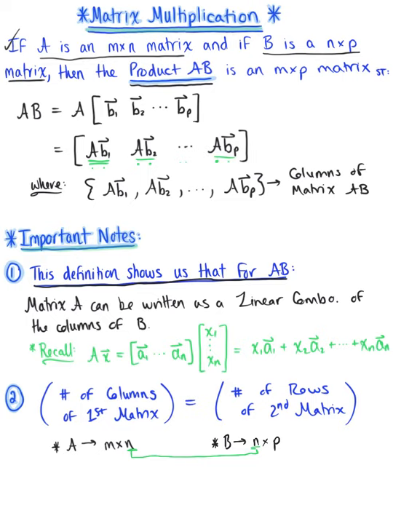If they do, then you know that the product, matrix A times matrix B, exists. Now, what's also great about lining these two matrices up like this is that we can see the size of the new matrix. So we can not only check if the product of the two matrices exists, but we can also see that the product, matrix A times matrix B, is an M by P matrix.